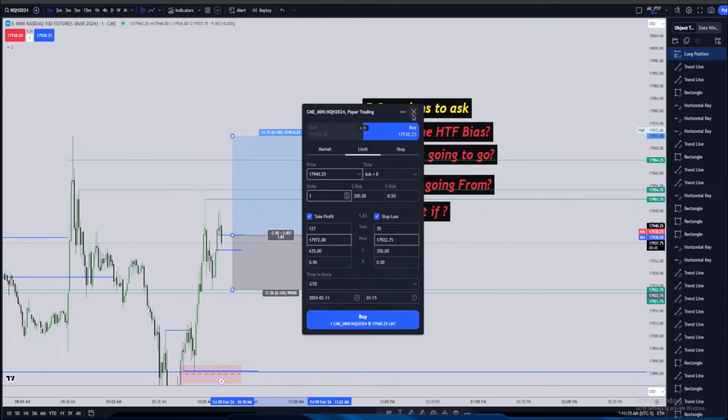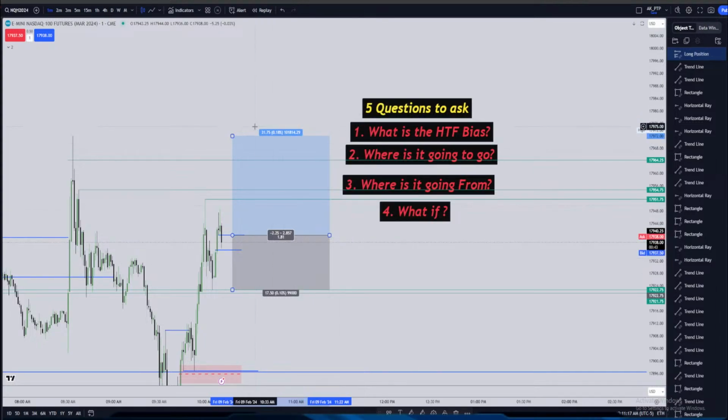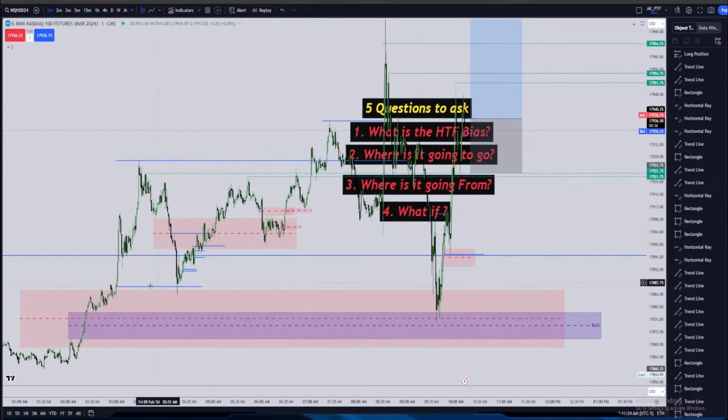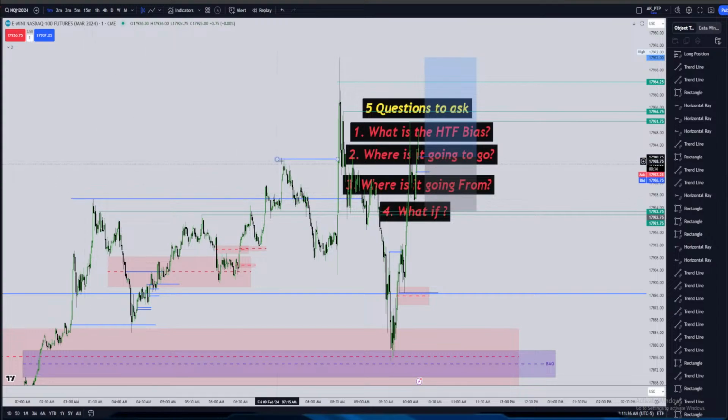Why? Because the risk and the reward that I'm getting does not make any sense to me. When the market was trading here, this high or even those highs, it made sense.